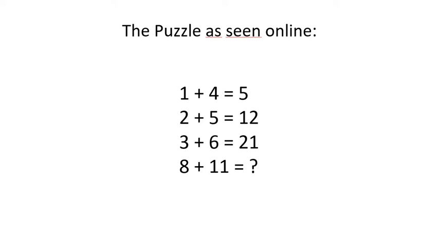So, before we come to the big groups and the two most seen solutions, let me mention that there is a third group which claims that the correct solution is 19. Why is that?